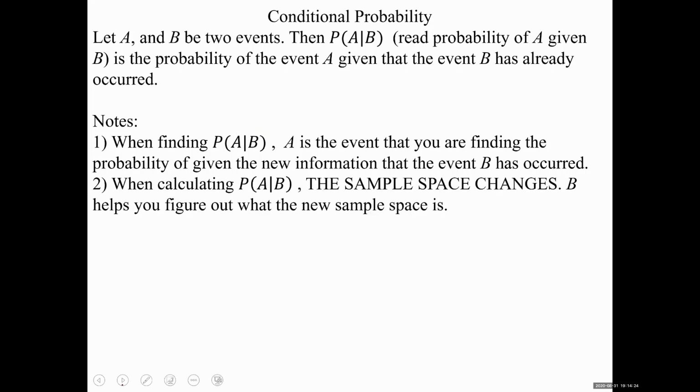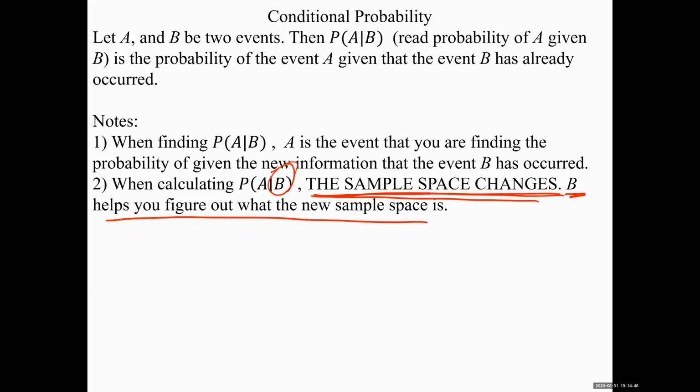When calculating probability of A given B, the sample space changes. That's the most important thing I could tell you about conditional probabilities. The sample space changes. Sometimes students will ask me if the event after the vertical line is the new sample space. And my answer is sometimes it is, sometimes it isn't. So all I can tell you, so that I'm not lying to you, is B helps you figure out the new sample space.